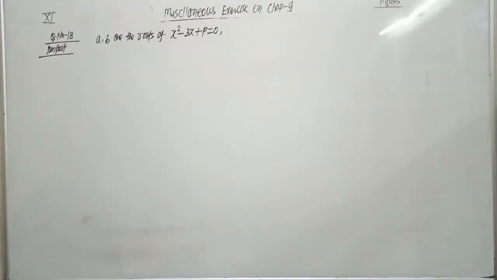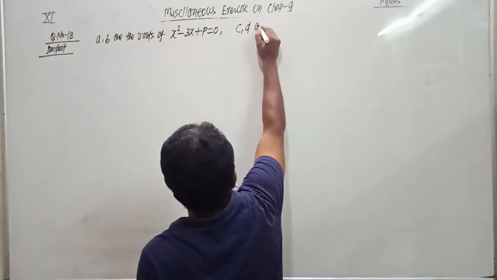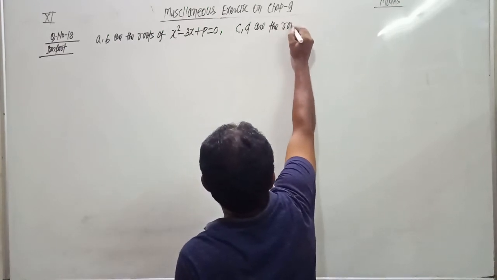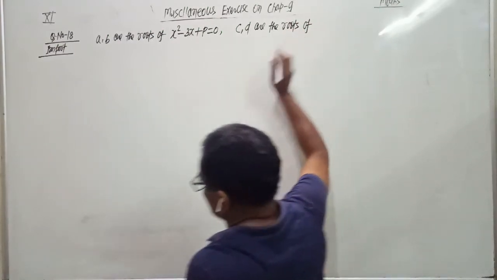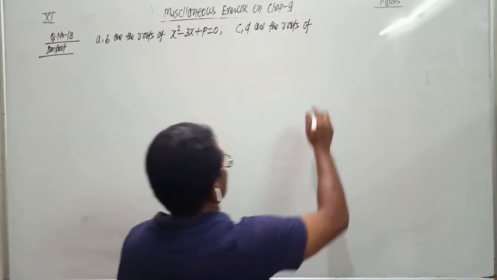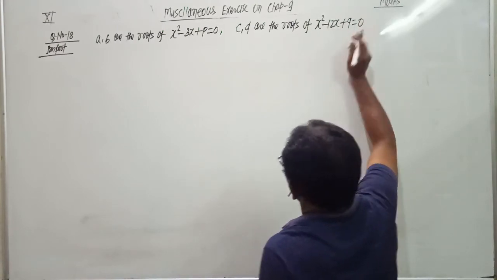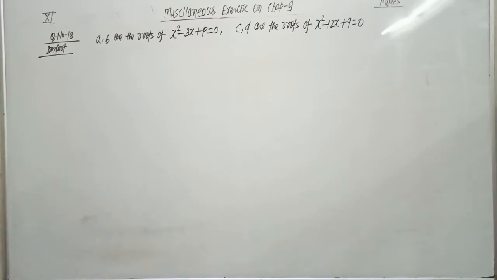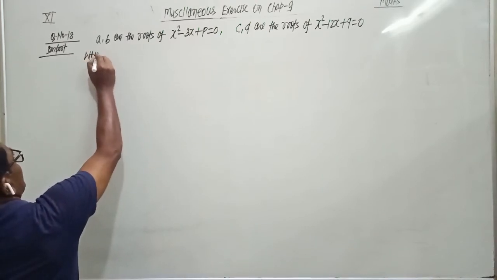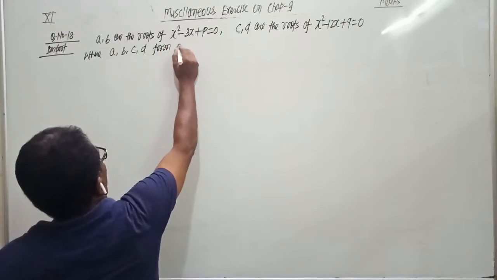A, B are the roots of x square minus 3x plus p equals to 0 and C, D are the roots of x square minus 12x plus q equals to 0, where A, B, C, D form a GP.